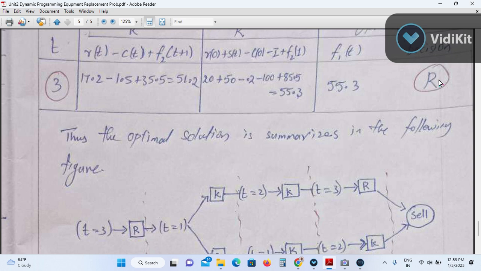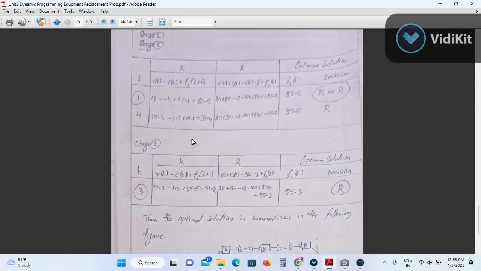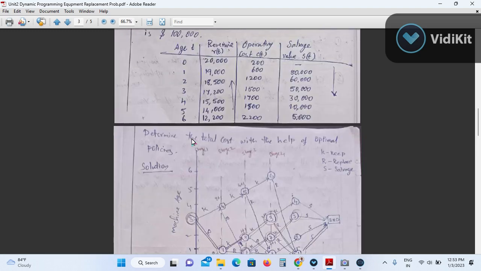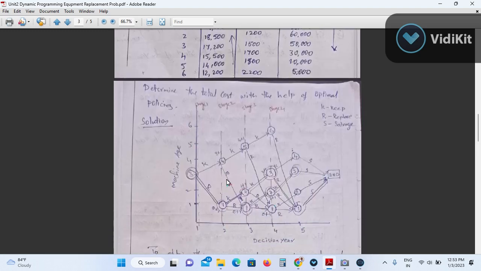F4 of t, that is 2, is 67.3. So that is what we'll put here, right? That is t equal to 1 means F4 of 1 plus 1, that is 2, that is 67.3 from the previous table.